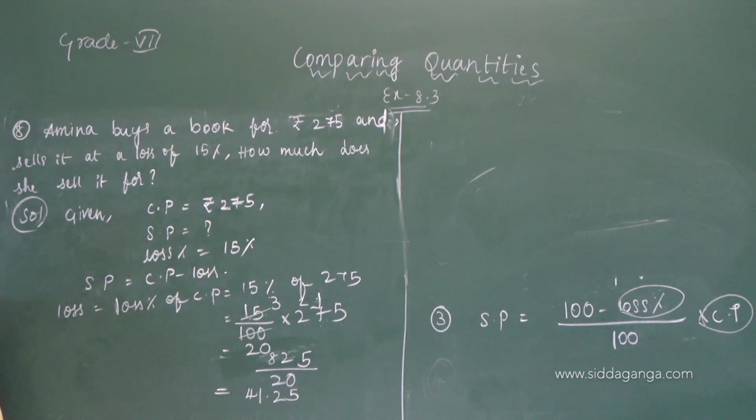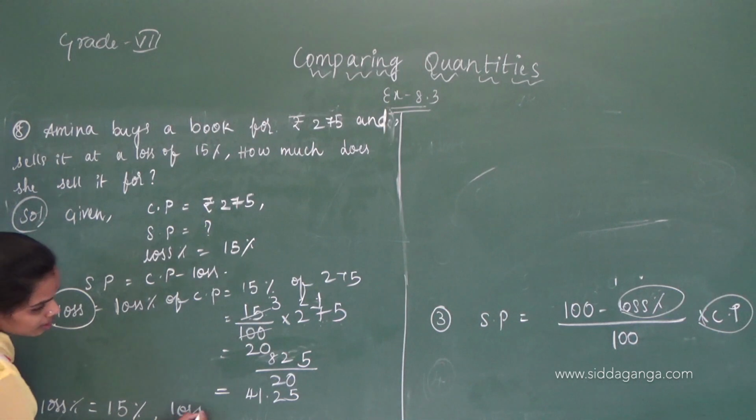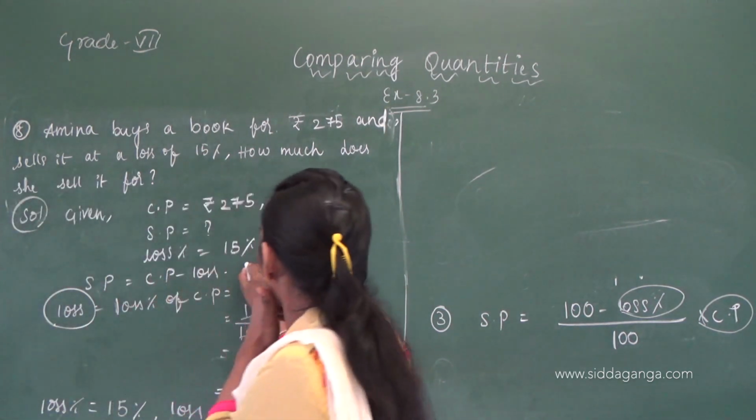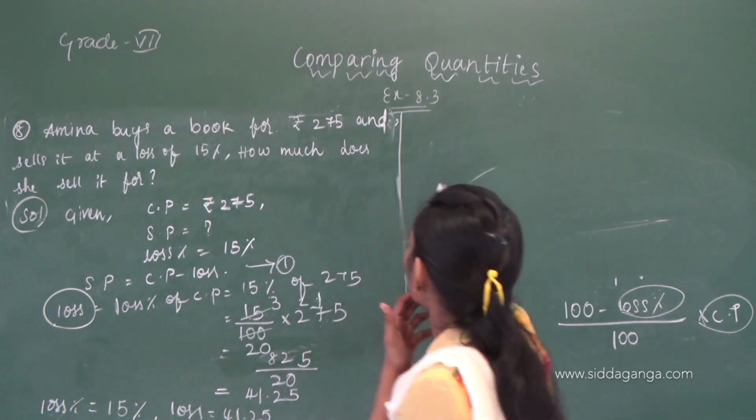41.25. That means loss is 41.25. And then loss percentage. Loss percentage is 15%. Loss is 41.25. Just we have to take this one as equation 1.